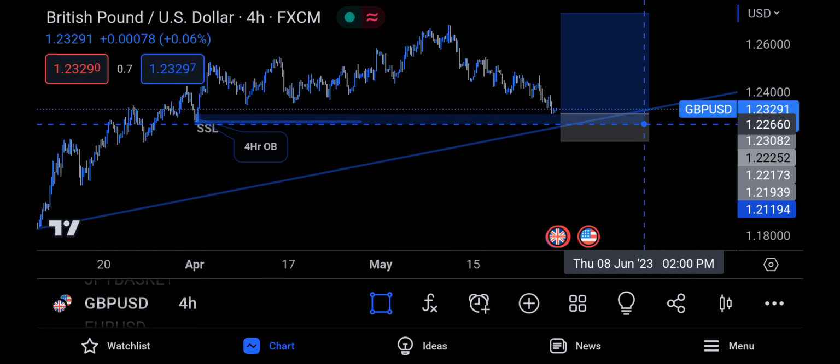So all we have to do is wait for a change in character in the lower time frame before we can approach it very well.